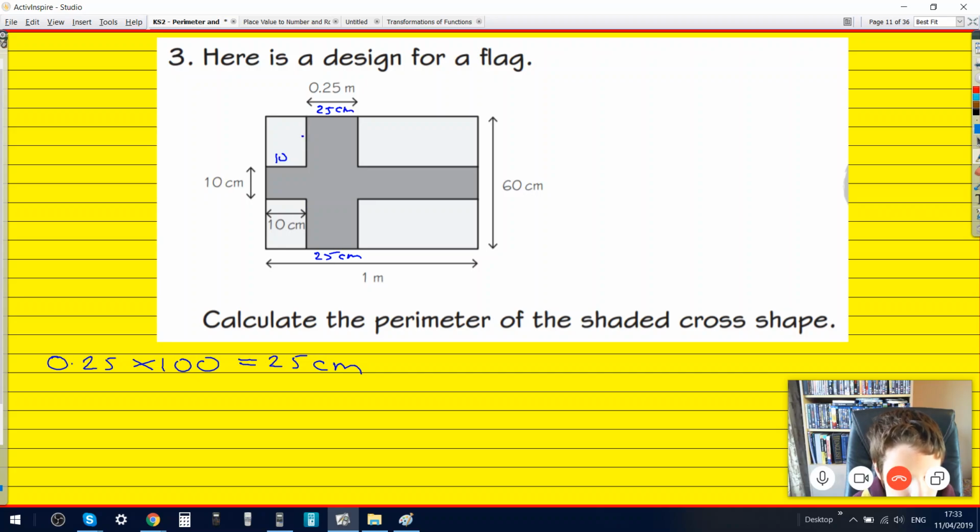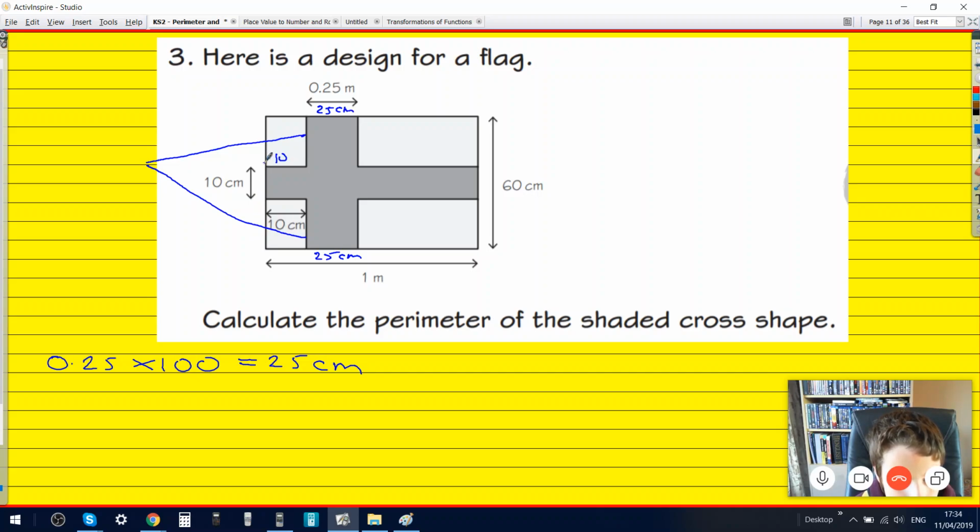They add up to 10. No, wait, they add up to 20. No. What do all three add up to? Well, the total height is 60 centimeters.